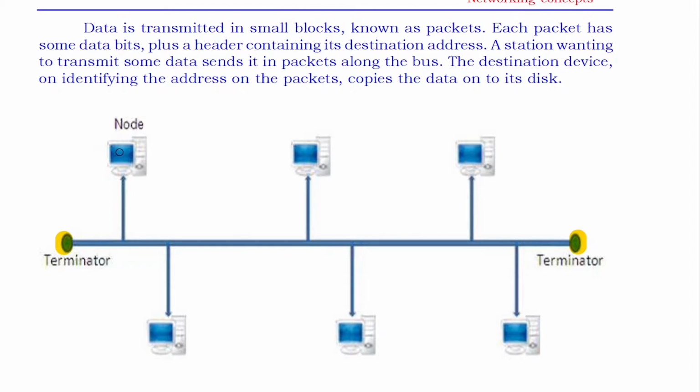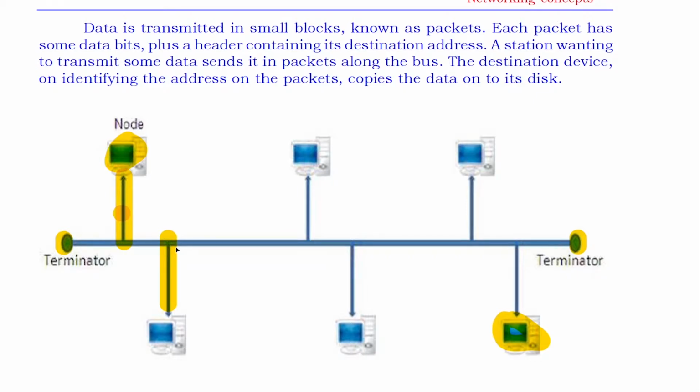Now imagine I want to send from this computer to that computer. Along with the data to be sent, we also attach the address of this node on the network. Whenever data is transmitted, it is placed onto the bus, and each node checks whether it is addressed to it or not.